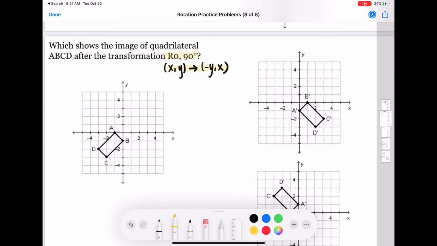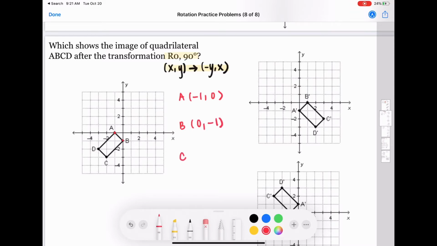Well, now that we've done that, we're going to do the same thing that we did before, and we're going to map out these vertices. So A is located at -1 and 0. Vertex B is located at 0 and -1.